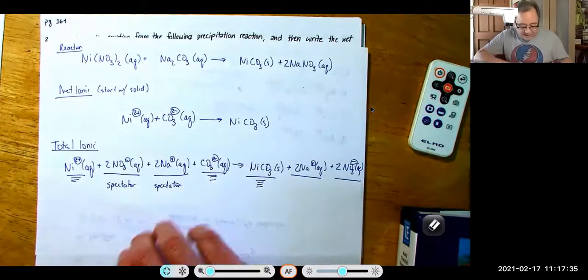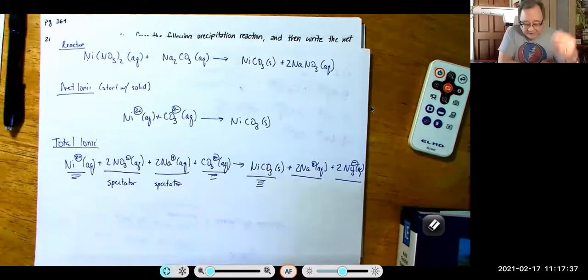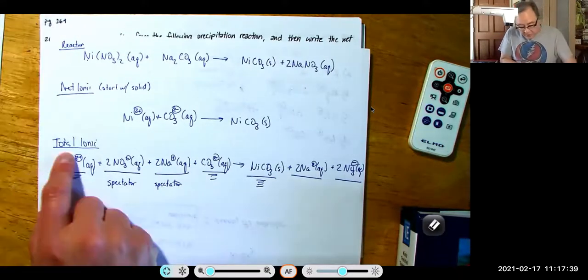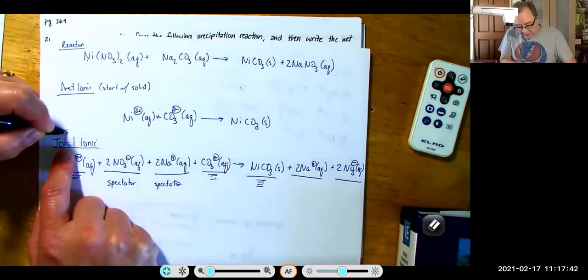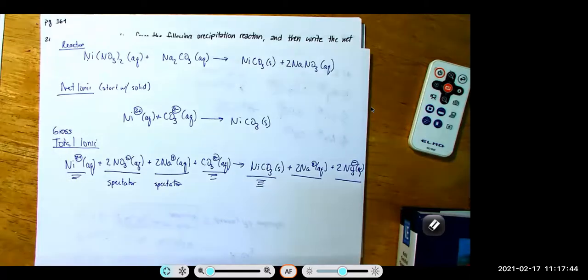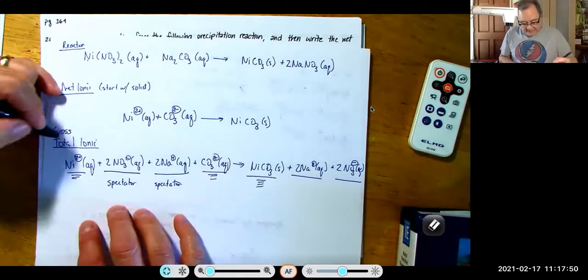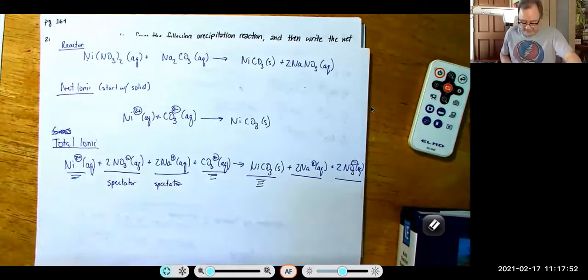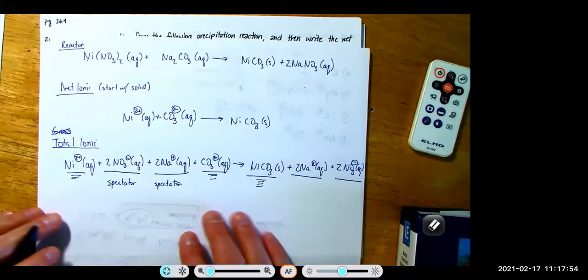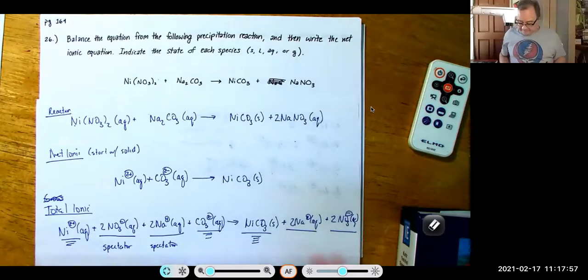So the net ionic is basically what really happens. And this total ionic, we could call it the gross ionic. Do you know the difference between gross and net? We could call it the gross ionic equation, but I like total ionic better. So that's what's happening here.